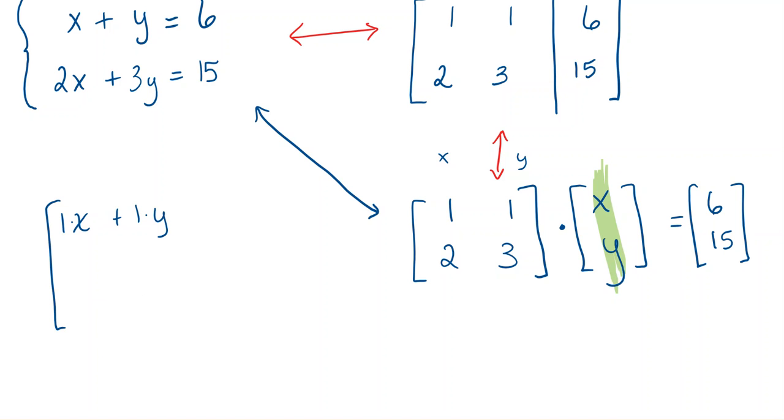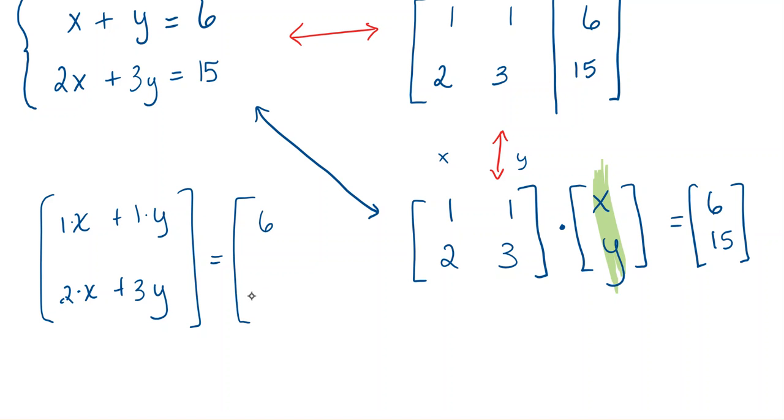And then we would take this column again and multiply by the second row of the first matrix, and we would get 2 times x plus 3 times y. As a matrix, this is equal to the matrix [6; 15].